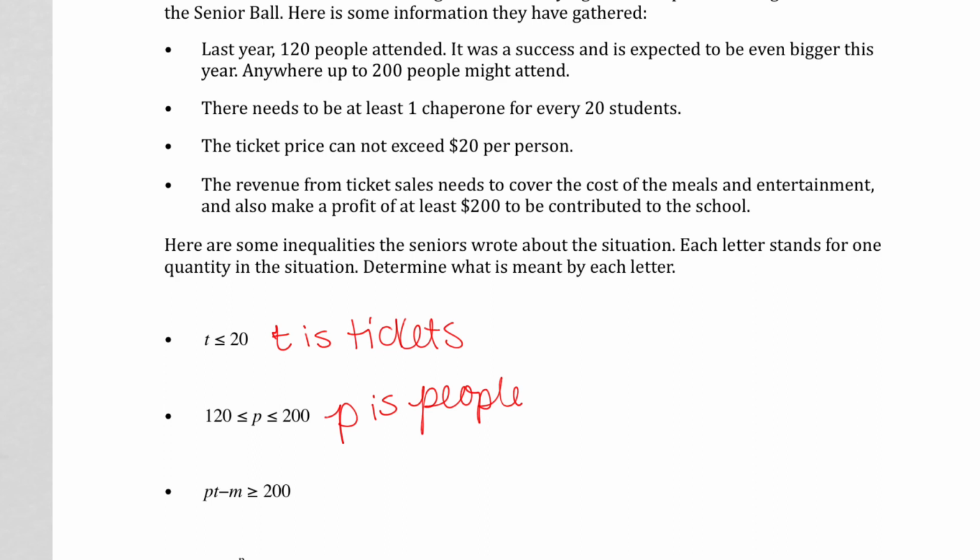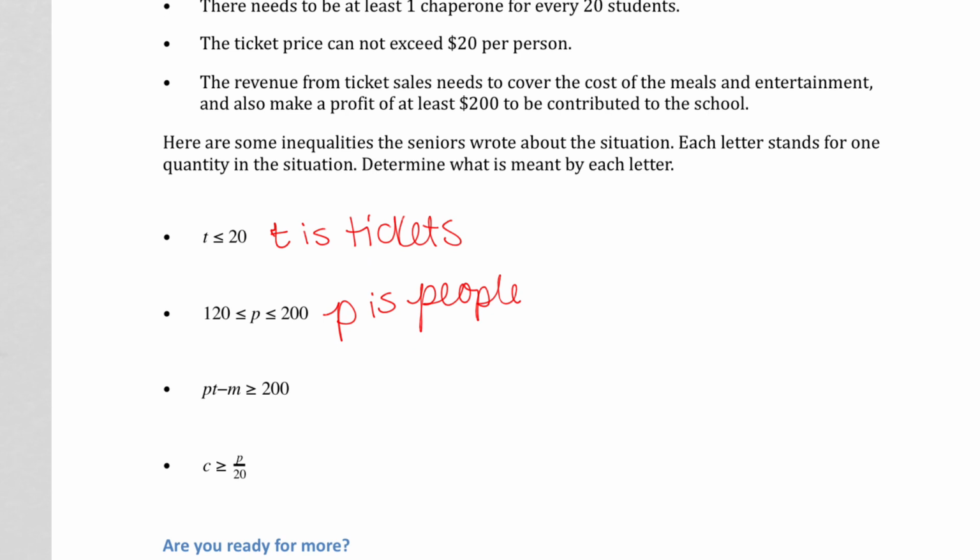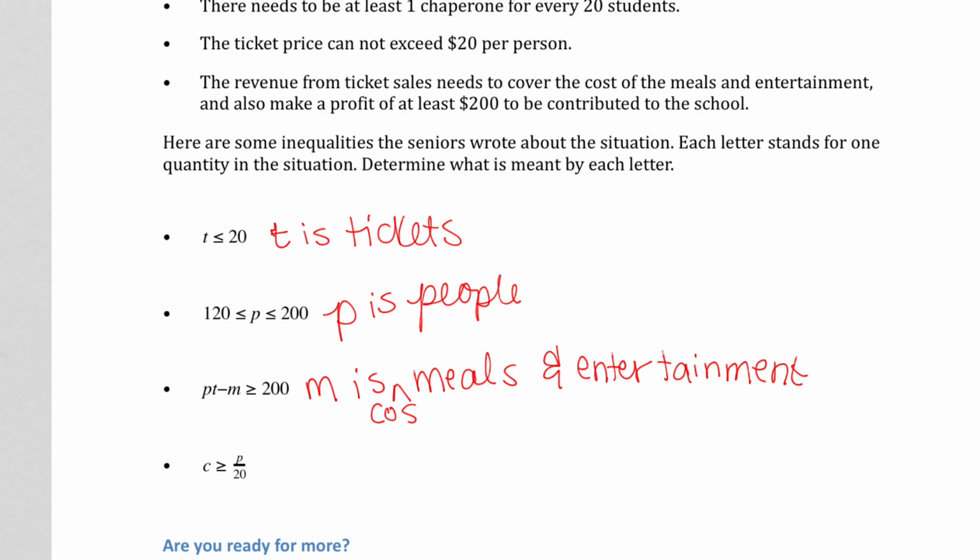We need to know what M is. What's our M going to be? Meals and entertainment, because that's to exceed 200. More specifically, it's the cost of meals and entertainment because we need to make a profit of at least $200.